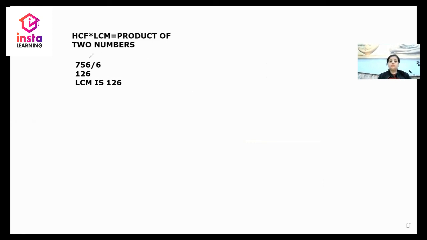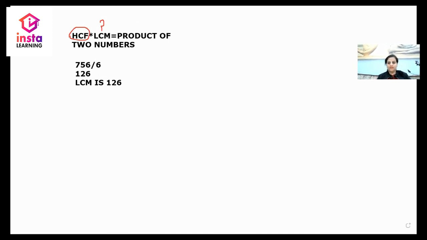And we know 756 is the product of two numbers, and it is going to be divided. Why? Because it is multiplied, so we know only one number, that is HCF. If we want to find out the LCM, we have to divide. Then when we divide, we will get our answer within seconds. 126 will be the answer of this question, like this.